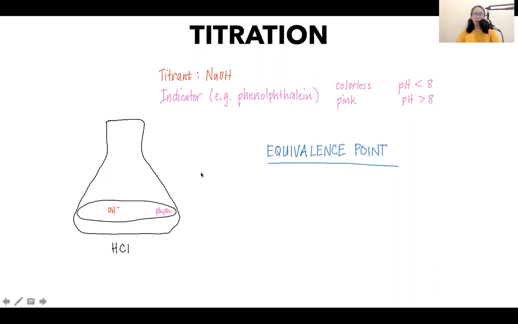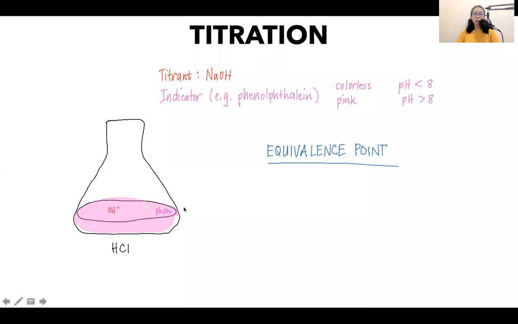We know that phenolphthalein is pink if the solution is basic. So if we have a tiny excess of hydroxide ions in this solution, then the entire solution will now turn pink due to the presence of the phenolphthalein, right? So it's now pink. This will be our signal.